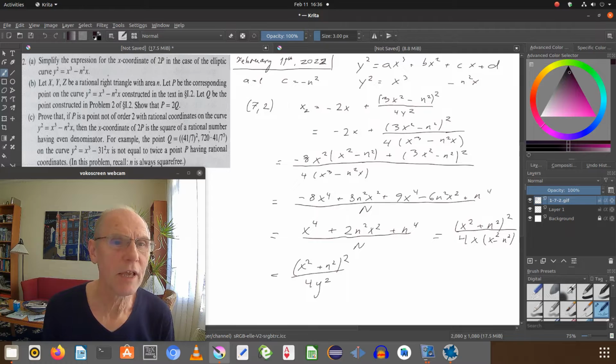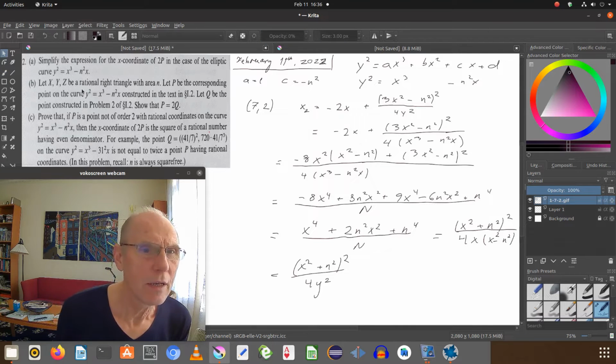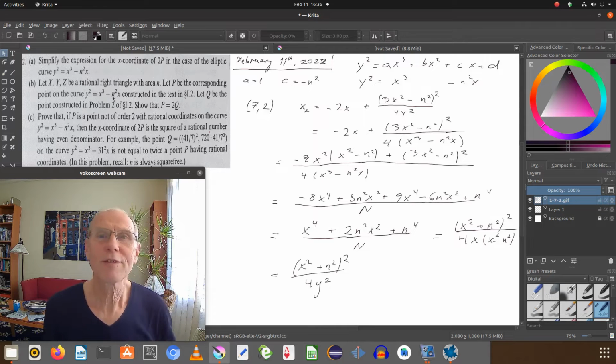That was A. Now, you see, reading this, I realized that I couldn't go unprepared into doing this. So I found those formulas.